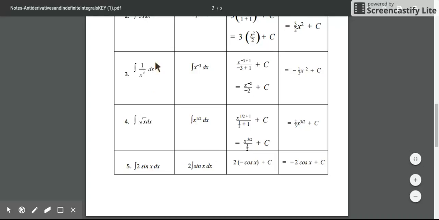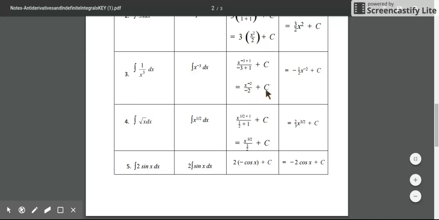All right. Another thing that we want to practice doing is rewriting before we integrate. So if you ever have a variable on the bottom of a fraction, we can rewrite that using a negative exponent, and then we can use our power rule to integrate. So if I add 1 to that exponent, I get x to the negative 2. And if I divide by that new exponent, I have negative 2 on the bottom.